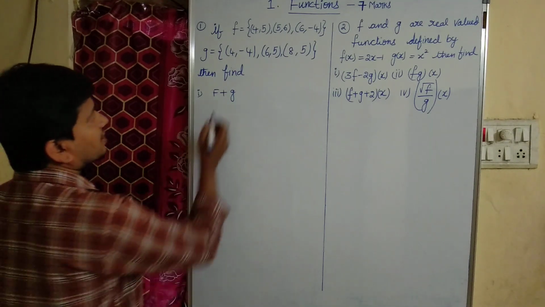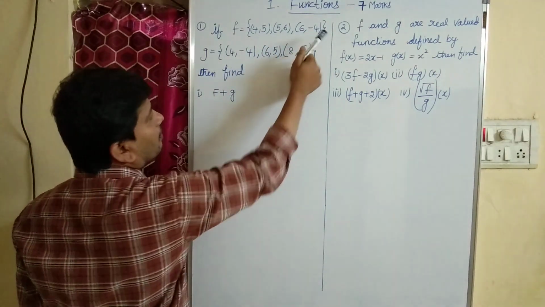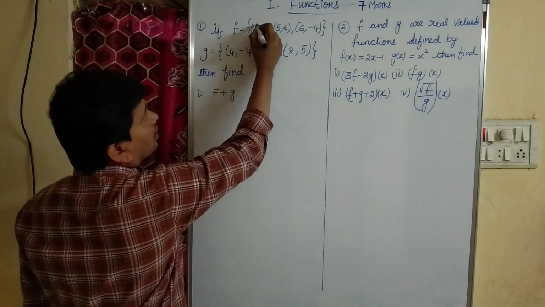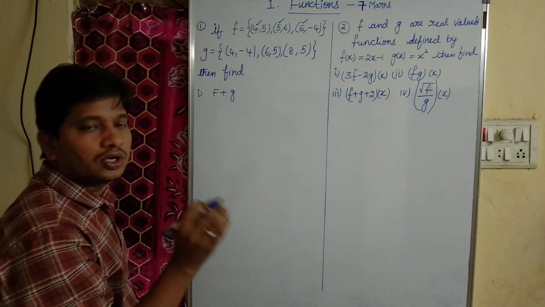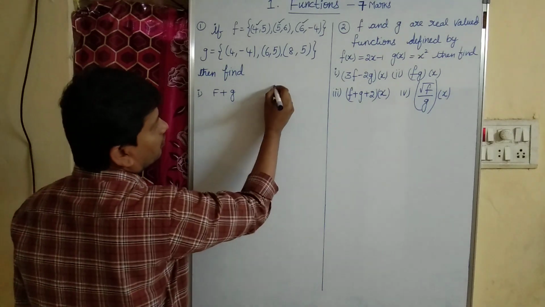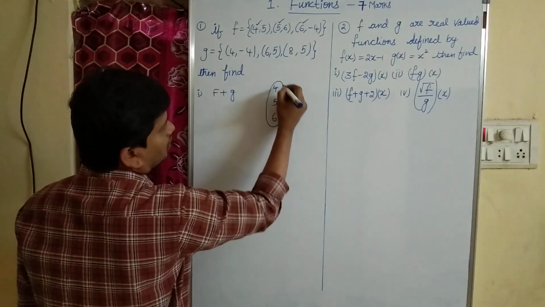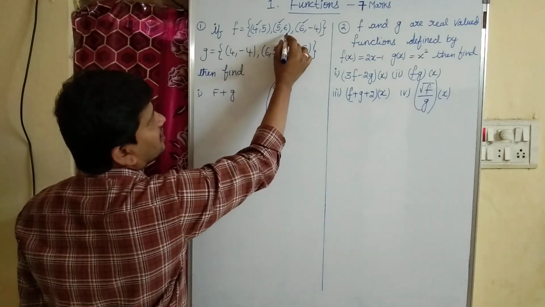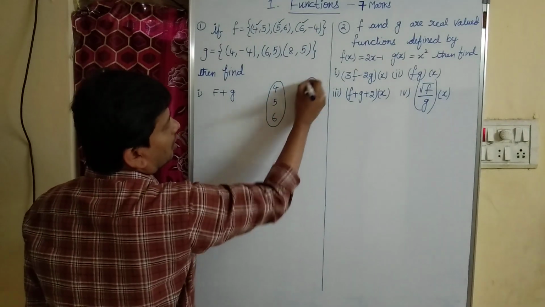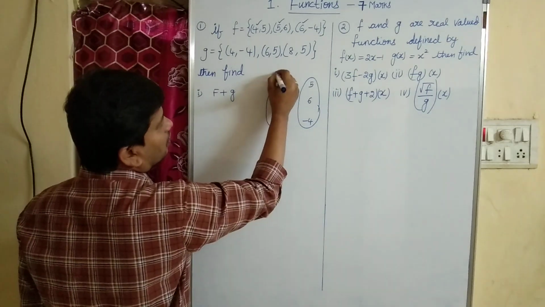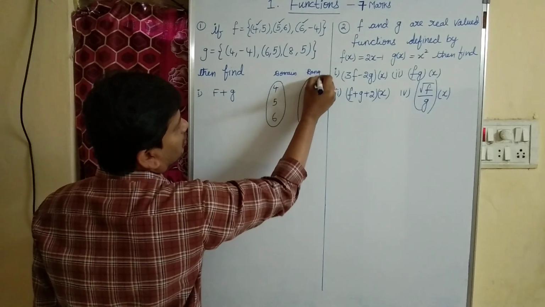So given function f equal to (4, 5), (5, 6) and (6, -4), in this 4, 5, 6 are called domain, and 5, 6, -4 are called range.